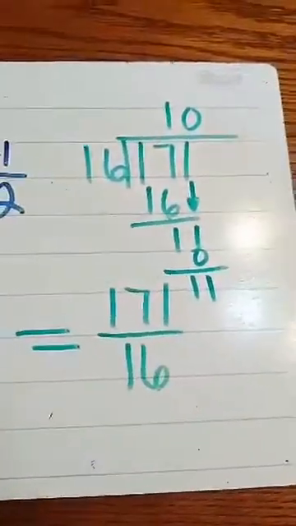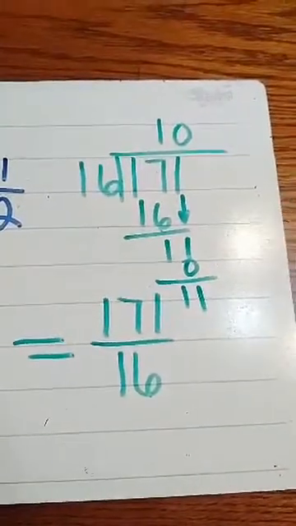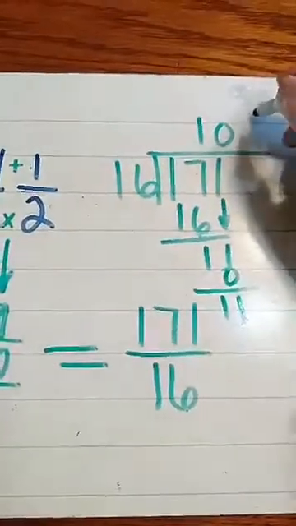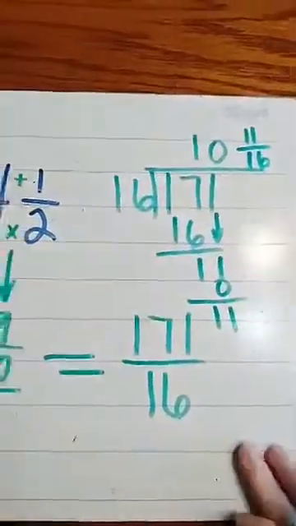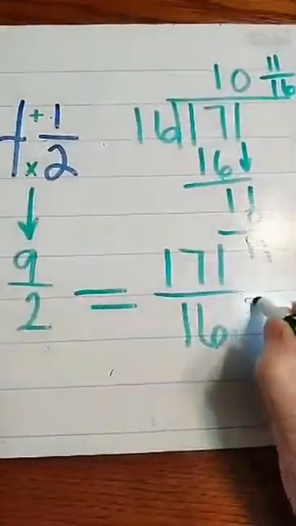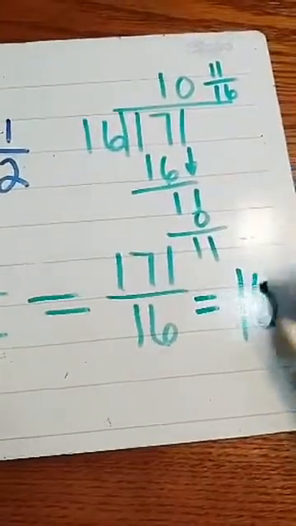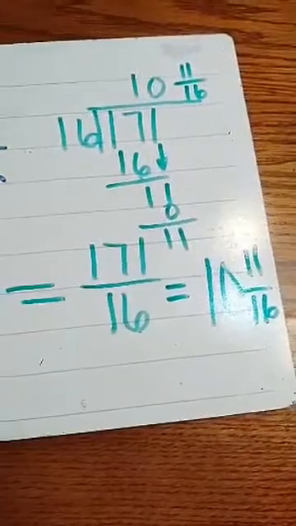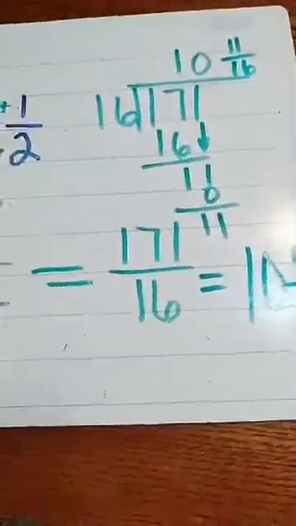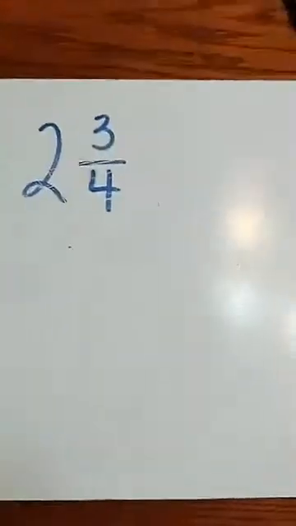Do I put remainder 11? You're right, I do not. I make this into a fraction. This is my numerator. This is my denominator. So 171 sixteenths is the same as 10 and 11 sixteenths. I've simplified. Okay, guys, let's do one more, and hopefully I gave myself an easier problem.